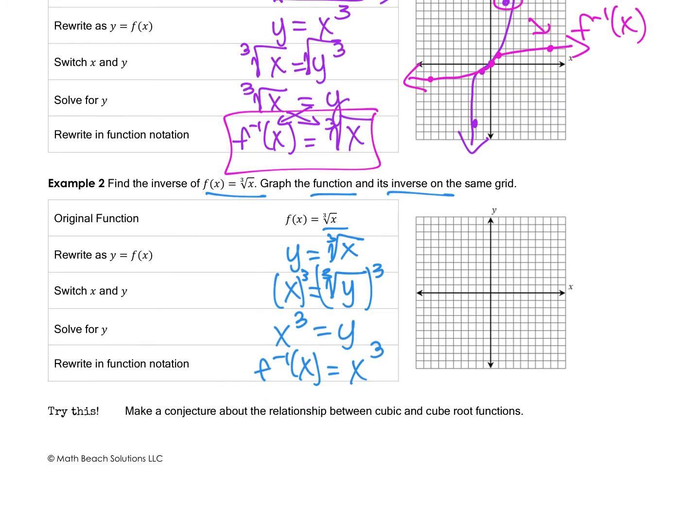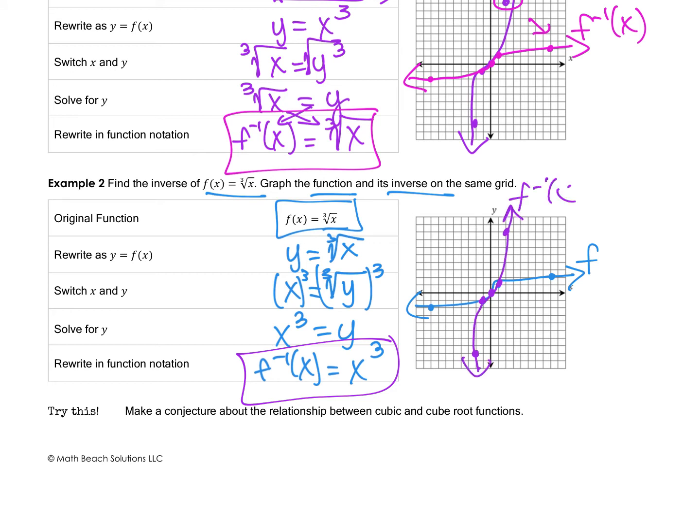Graphing your original, which was the cube root of x: -8, -2; -1, -1; 0, 0; 1, 1; and 8, 2. So there's my f. And then my cubic, that is -2, -8; -1, -1; 0, 0; 1, 1; and 2, 8. Again, those points have just been flipped. That is my inverse.